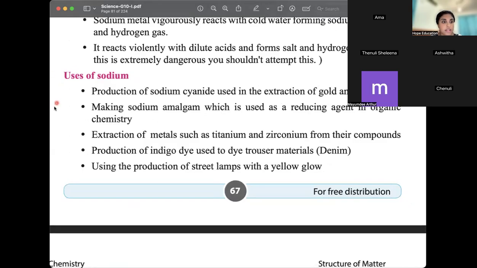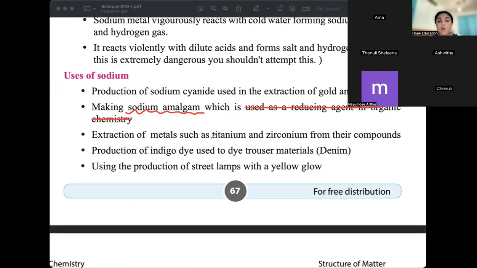What I said earlier: to make sodium cyanide used to extract gold and silver. Make sodium amalgam, which is used as a reducing agent in organic chemistry. You don't know what any of this means, so don't worry about it. Just remember it's used to make sodium amalgam, right?